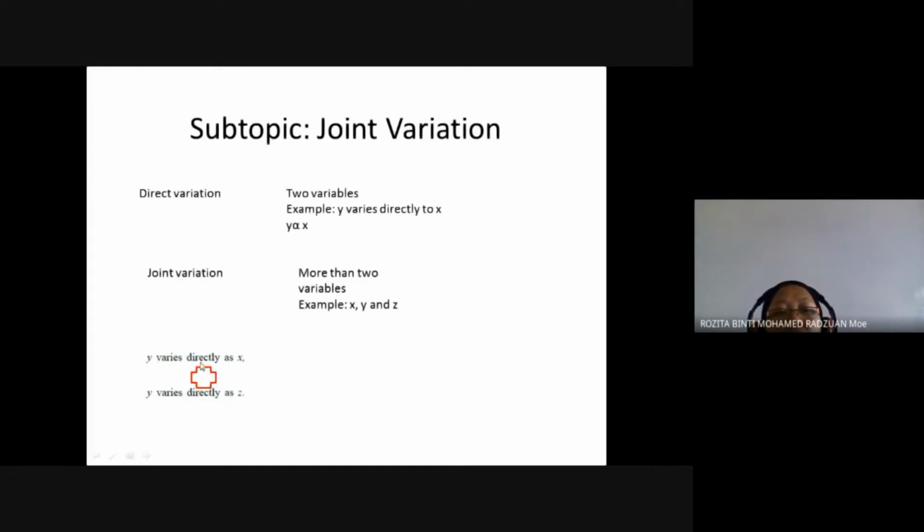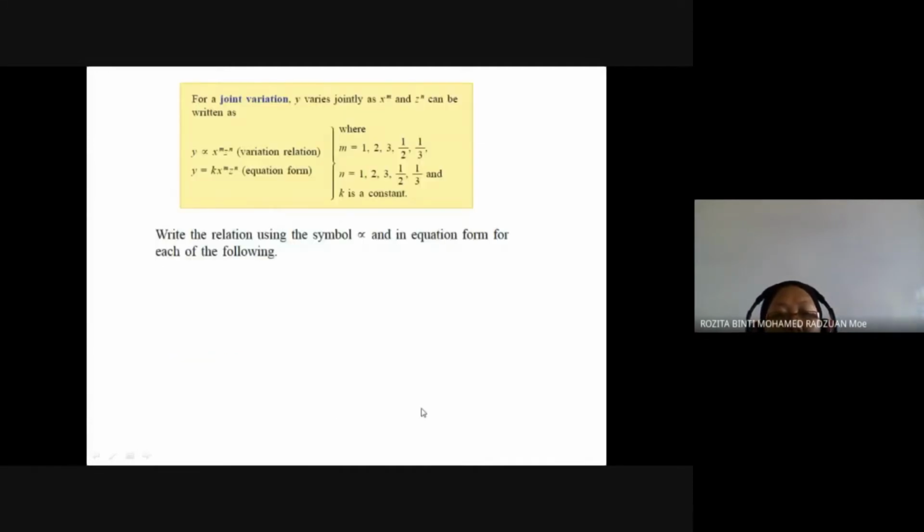So we have 1, 2, and 3 variables, which is y, x, and z. So in joint variation, we say that y varies jointly as x and z. So we can write down in the form of variation y varies directly as x and z. Okay?